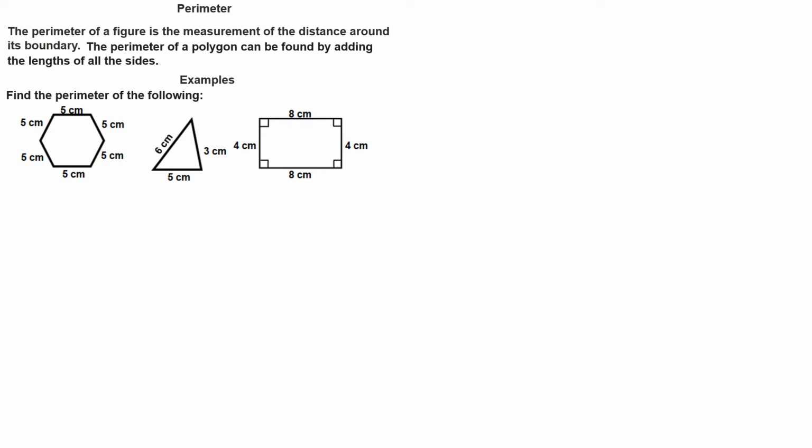Find the perimeter of the following. The perimeter of a regular hexagon is the sum of all the sides.